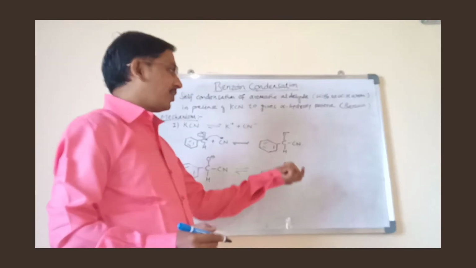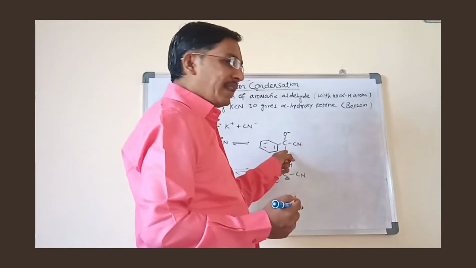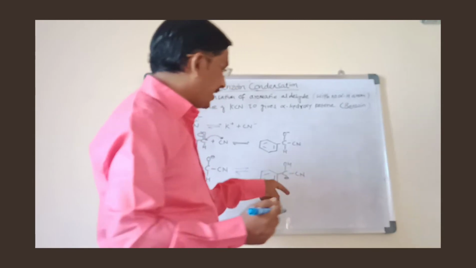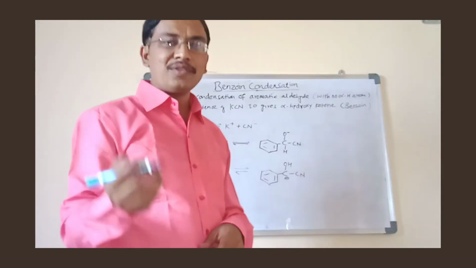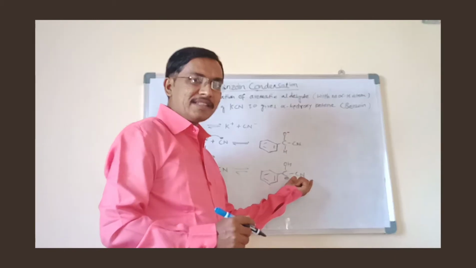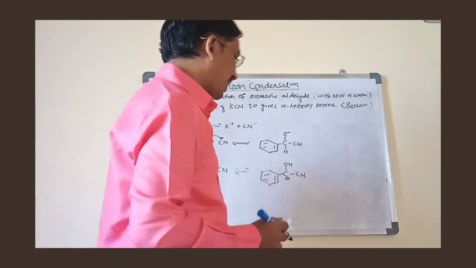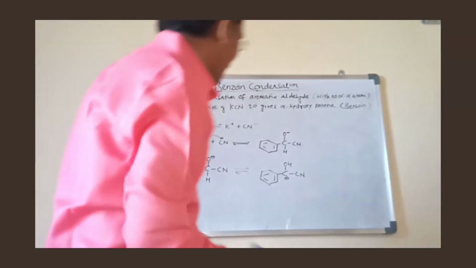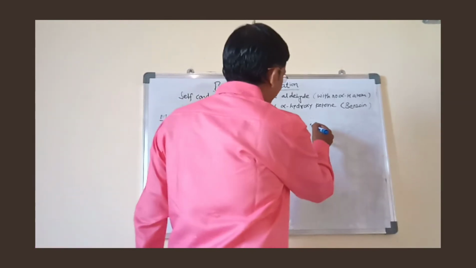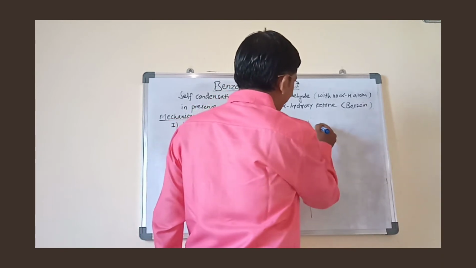Two important reasons. One is the CN withdraws the electron from carbon and that's why it becomes acidic. Secondly, the negative charge generated on that carbon will be stabilized by the cyanide, that is C triple bond N, which is conjugated with the negative charge. I will show here how the resonance takes place.